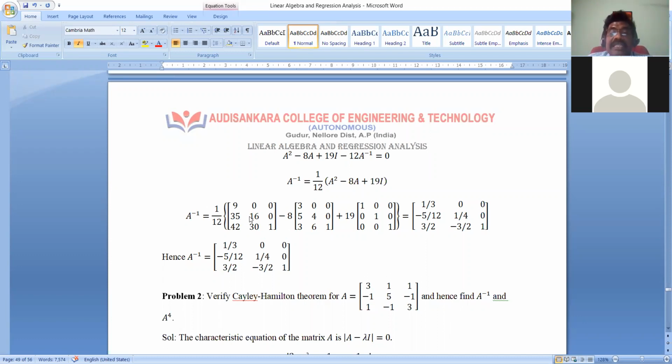Next, 16 minus 32, 16 minus 32 minus 16 plus 19, 3 by 12. That is 1 by 4. Next, 0 minus 0, 0 by 12, that is 0 itself.